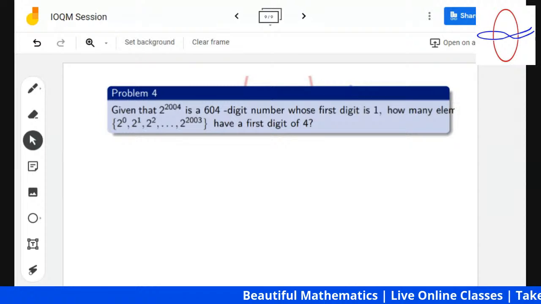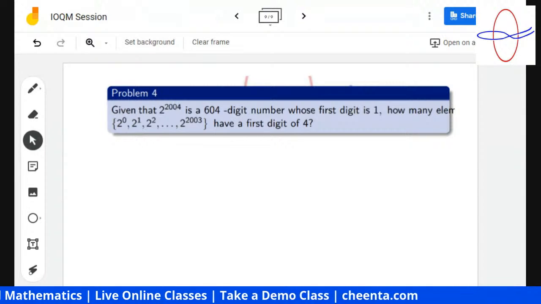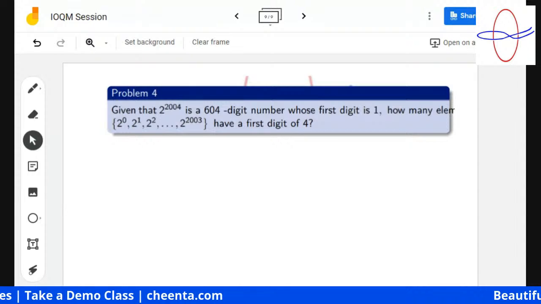Yeah, you're right. For 3 digits, we have 128 that starts with 1. You're right. So that's the idea. So how do you think about it?